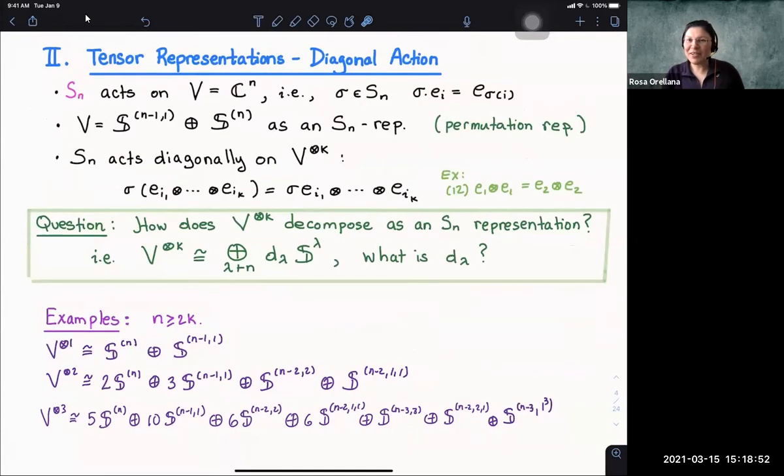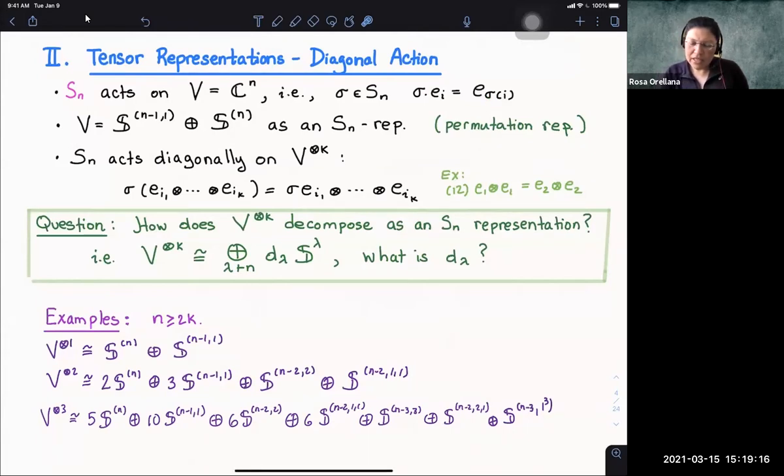There is another action, the other action of the symmetric group. It acts on this n-dimensional vector space by mapping the ith vector e_i to e_sigma(i).